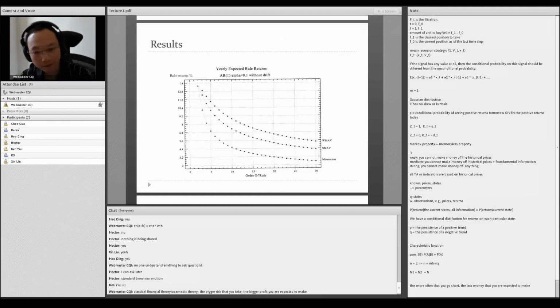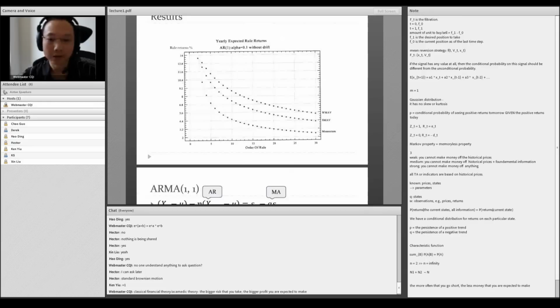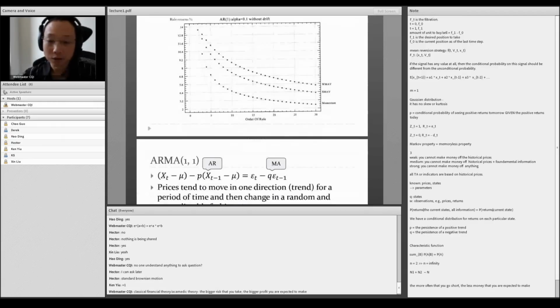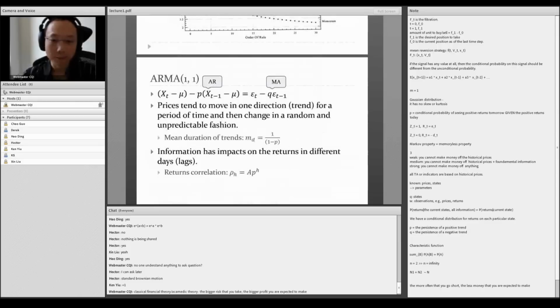Now you may say that the AR(1) model is not realistic enough, so we make it more complicated. We have the ARMA(1,1). This is the autoregressive moving average process. As you see, this is autoregressive because it is a summation of the lagged residuals.